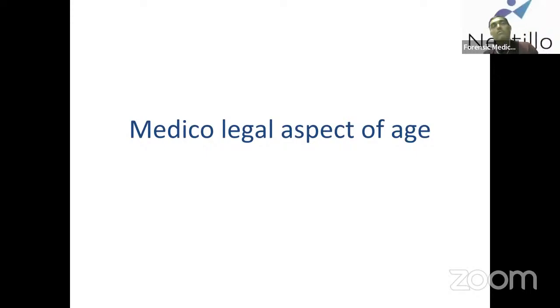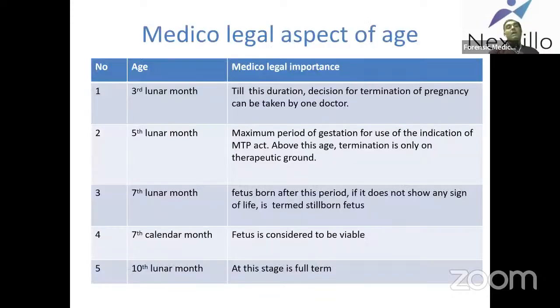Okay, so now students, a very important aspect to understand is why we want these X-rays or age estimations of the individual. We have to understand the medico-legal aspects of age. Third lunar month: till this duration, decisions for termination of pregnancy can be taken by the doctor.